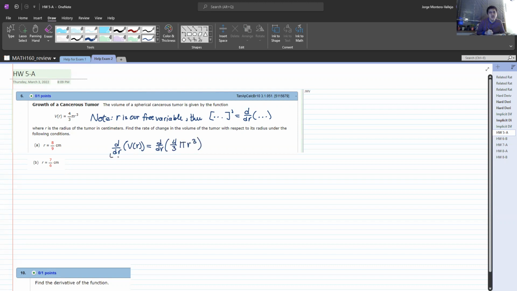This is just the derivative of V with respect to R, dV/dR, which you could also write as V prime, or V prime of R.